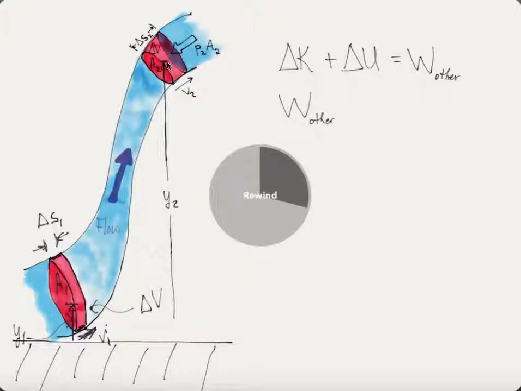So let's continue on. Let's describe the work other. So work is just basically the net force times some displacement. In this particular case, we're not concerned about it being in the X or the Y or the Z. We're just going to say it's some displacement, and it's in this pipe. And you see that the displacement is right here.